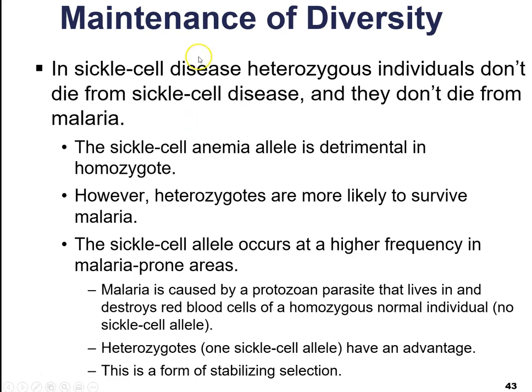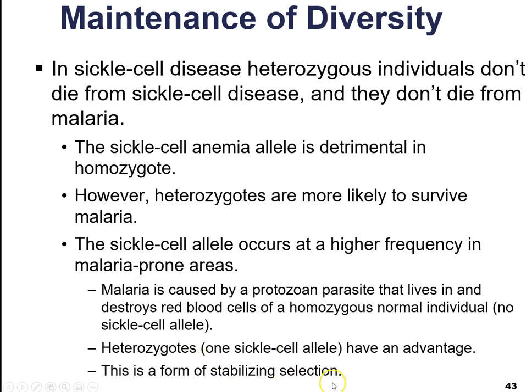So it says the sickle cell anemia allele is detrimental in the homozygote, right? If you're homozygous recessive, you have sickle cell disease. However, if you're a heterozygote, you're okay. You don't have sickle cell disease, right? And you're actually more likely to survive malaria, okay? And so you actually see the sickle cell allele, that recessive allele, at a much higher frequency, like I said, in malaria-prone areas because of this protection that it serves, okay?